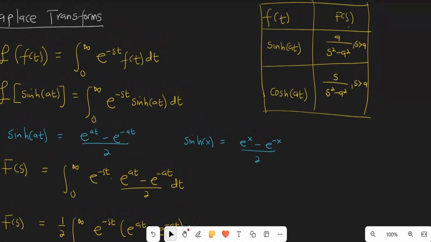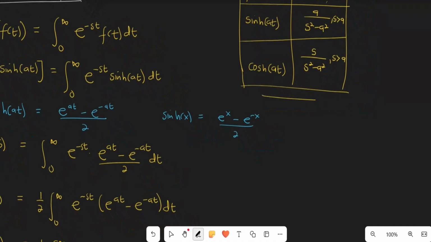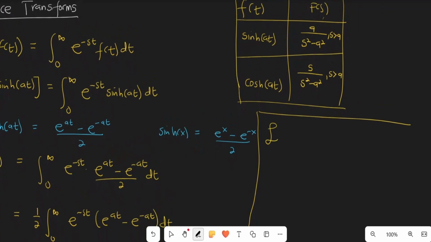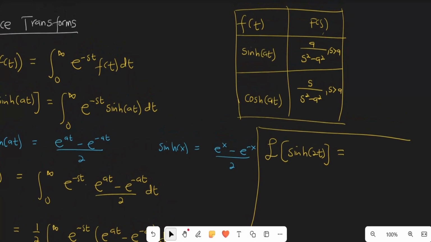So let's say you are given an example. So let's say we are asked to find the Laplace transform of the following hyperbolic functions. So let's find the Laplace transform of the sine hyperbolic function of, let's say, 2t. Why not? So this one is going to be equal to what really? So here a is equal to 2. We just replace it here, and now we'll be able to solve that.